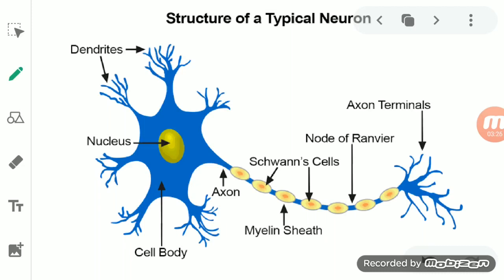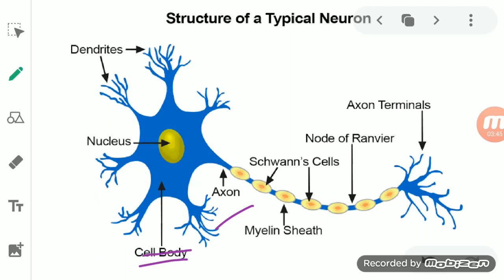Now if we talk about the neuron, students, as you can see here, it basically consists of three parts. The first one is the cyton or the cell body. The cell body, we use another term for it, and that is cyton.